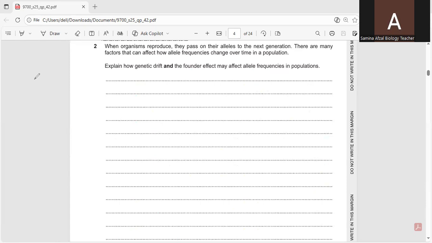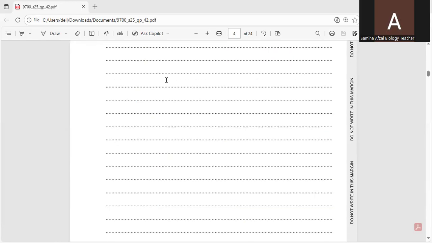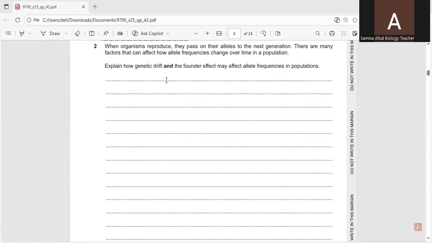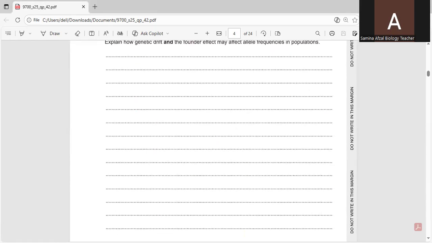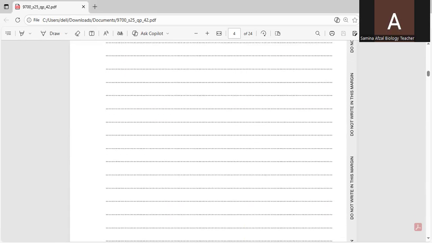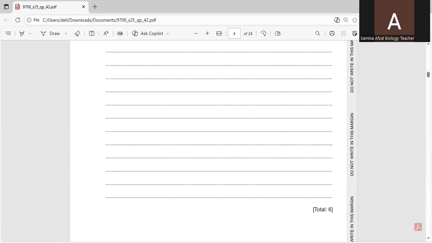Explain how genetic drift and the founder effect may affect allele frequencies in populations. So we have to discuss genetic drift and the founder effect, which may affect the allele frequencies in populations.